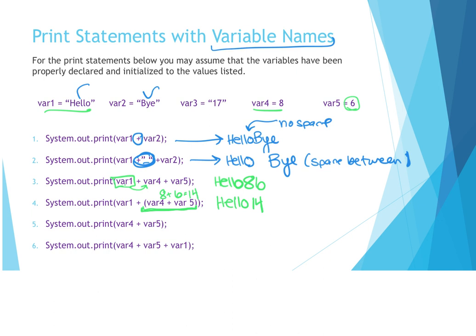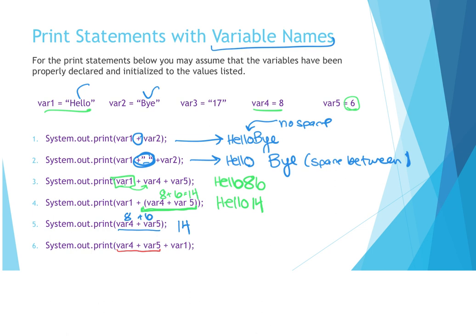Now, at the very end, here we can see we have hello variable 4 plus variable 5. This is just going to be 8 plus 6. There's no quotations, so that's going to print out the math problem there, and it's going to print out 14.